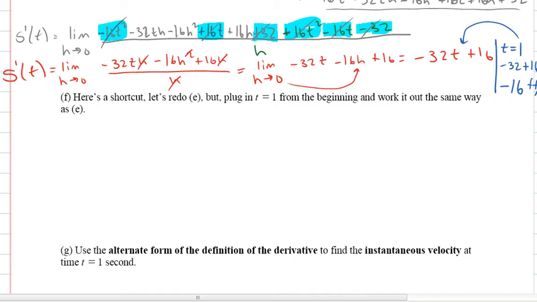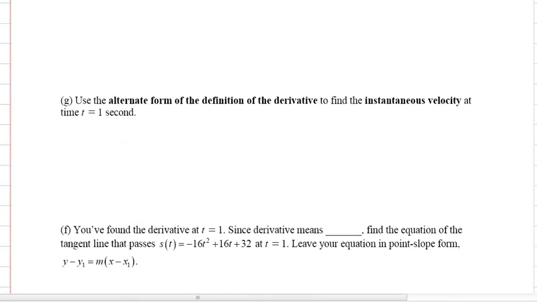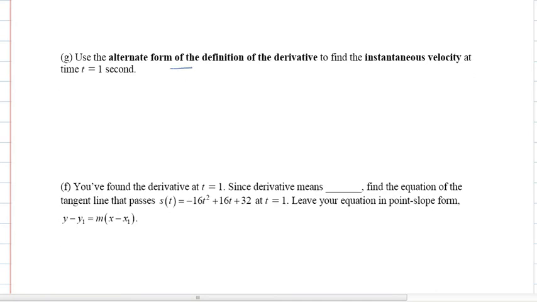to find that. Okay, and we can also use the alternate form of the definition of derivative to get the same answer. So the alternate form is s prime of c, because the alternate form definition of derivative gives you a numeric value.